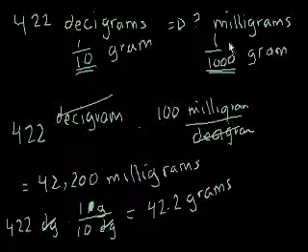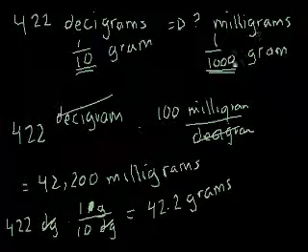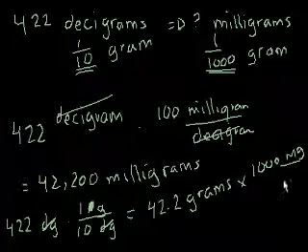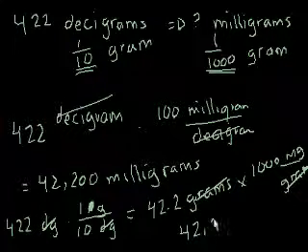Well, that's an easy one. 1 gram is equal to 1,000 milligrams. So we could say times 1,000 milligrams per gram. The grams cancel out, and we're left with 42,200 milligrams. Right? 42.2 times 1,000.